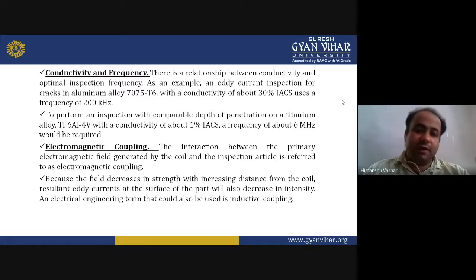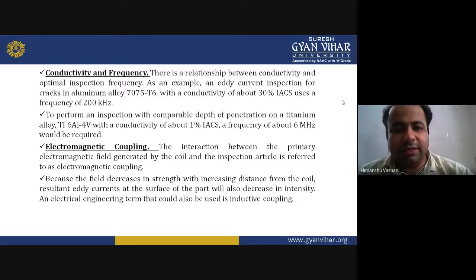Electromagnetic coupling. The interaction between the primary electromagnetic field generated by the coil and the inspection article is referred to as electromagnetic coupling.